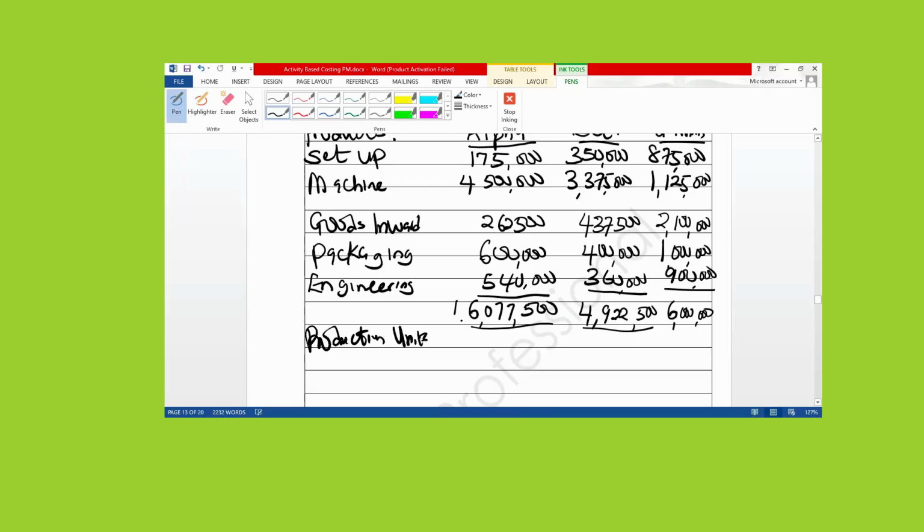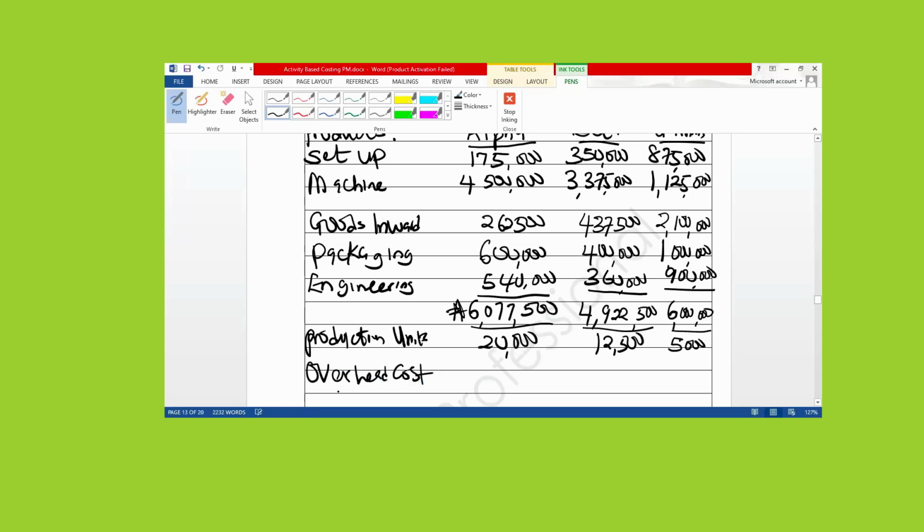Here we are, this is Naira amount. Here you have 20,000 units. Here 12,500. Here you have 5,000 units. Now you can get overhead cost per unit.